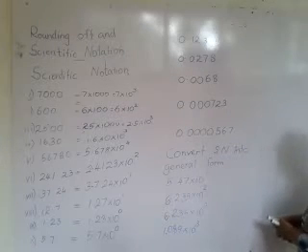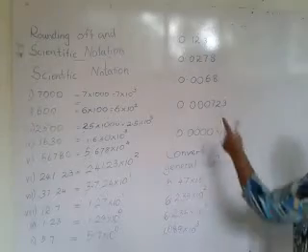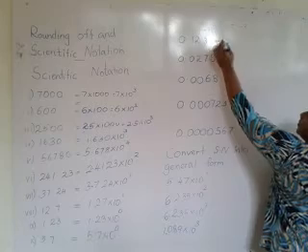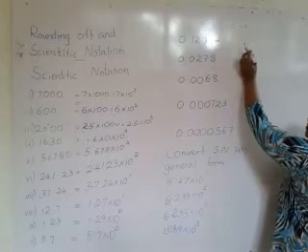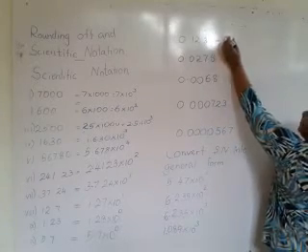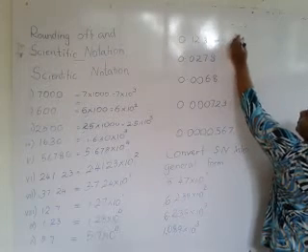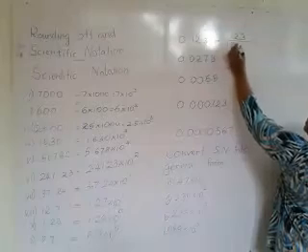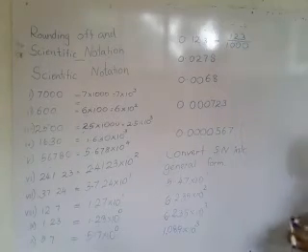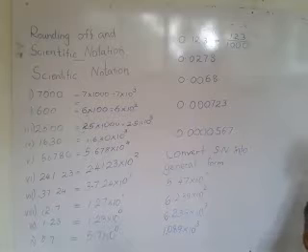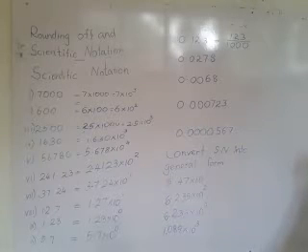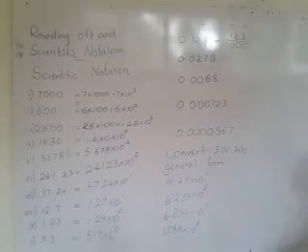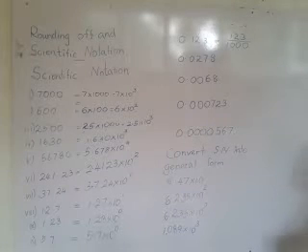So in the first method I will explain this one. 0.123 means we can write 123 divided by 1000, as a fraction. 0.123 equals 123 divided by 1000.